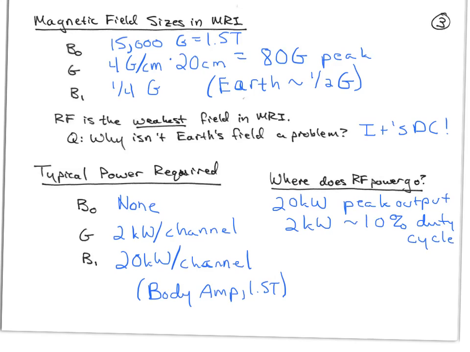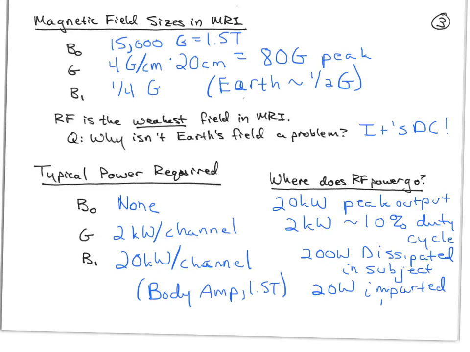Then you have a lot of cable losses, and about 200 watts actually gets dissipated in the subject. And then only about 20 watts of those 2 kilowatts average gets imparted to spins. Okay, so it's really not an efficient process.